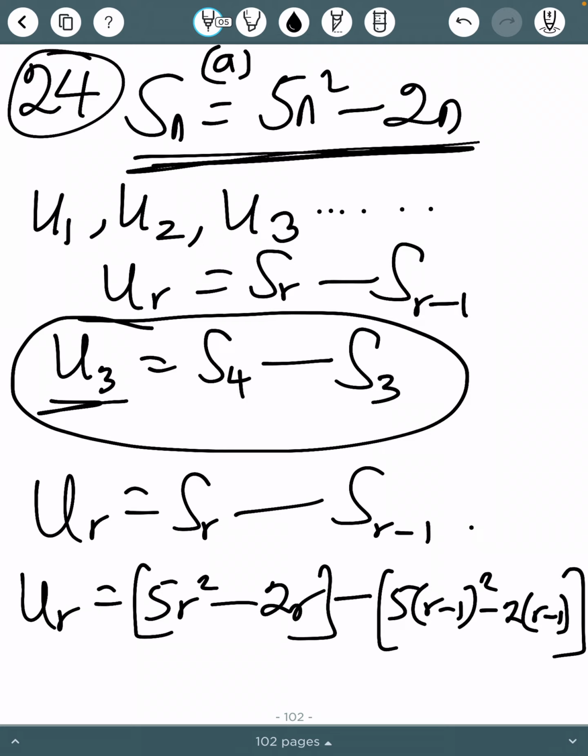So that means my UR will be 5r squared minus 2r, which conforms with 5n squared minus 2n, minus my SR minus 1, which will be 5r minus 1 squared minus 2r minus 1.